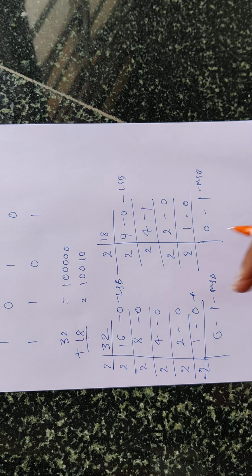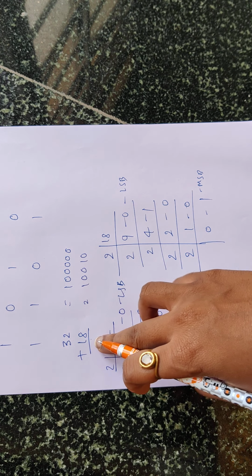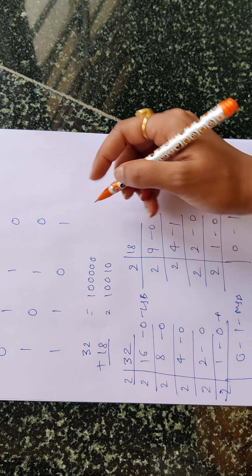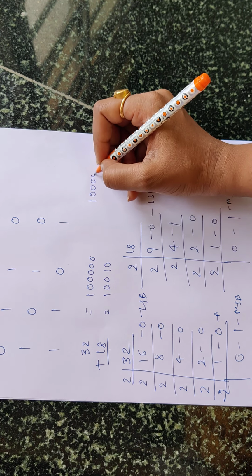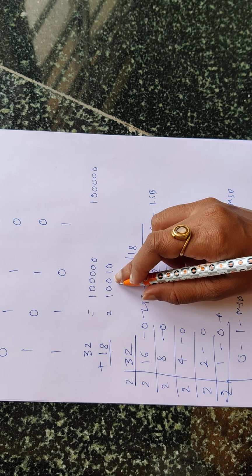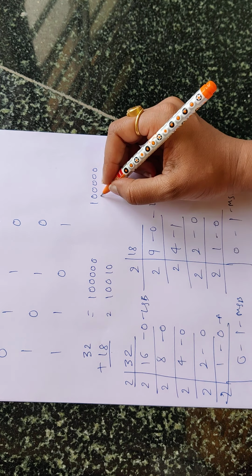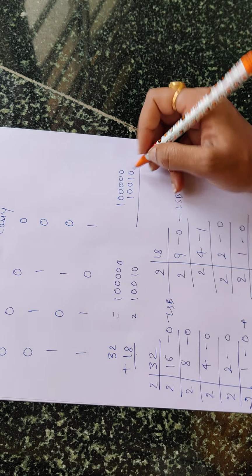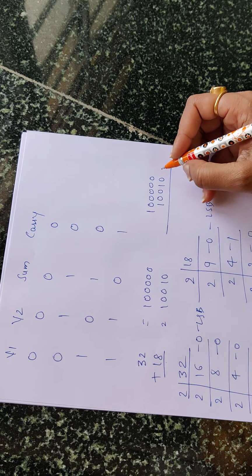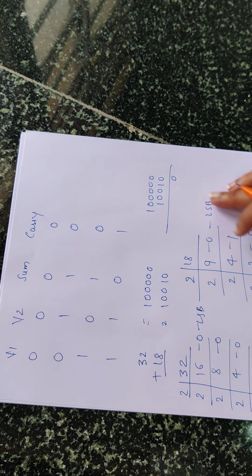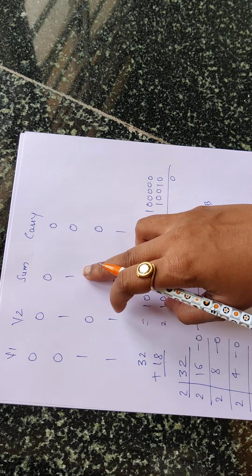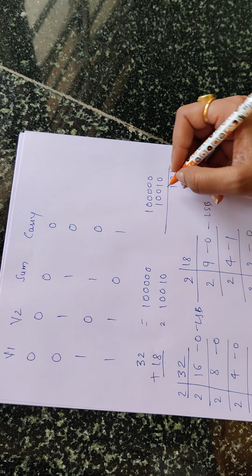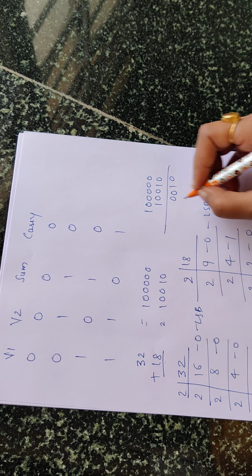Now we have the equivalent values of 32 and 18 in binary, and we add these two values. Writing them down once again: 1 0 0 0 0 0 and 1 0 0 1 0. Let me add the values, checking the table meanwhile. 0 plus 0, sum is 0, carry is 0. 0 plus 1, sum is 1, carry is 0. 0 plus 0 is 0. 0 plus 0 is 0.